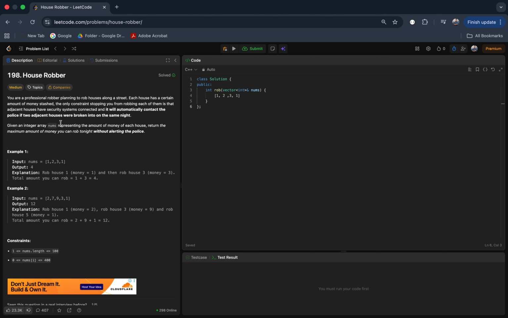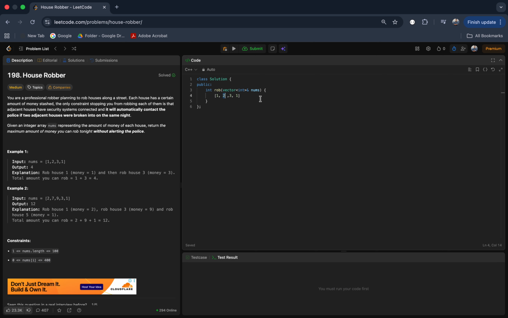It is also mentioned that if you rob two adjacent houses, for example if you rob house one and you rob house two also, then you will get an alert, your robbing will fail, and you will be caught by the police. So it's a story kind of thing, but we will bring it into coding and see how we can solve this question.